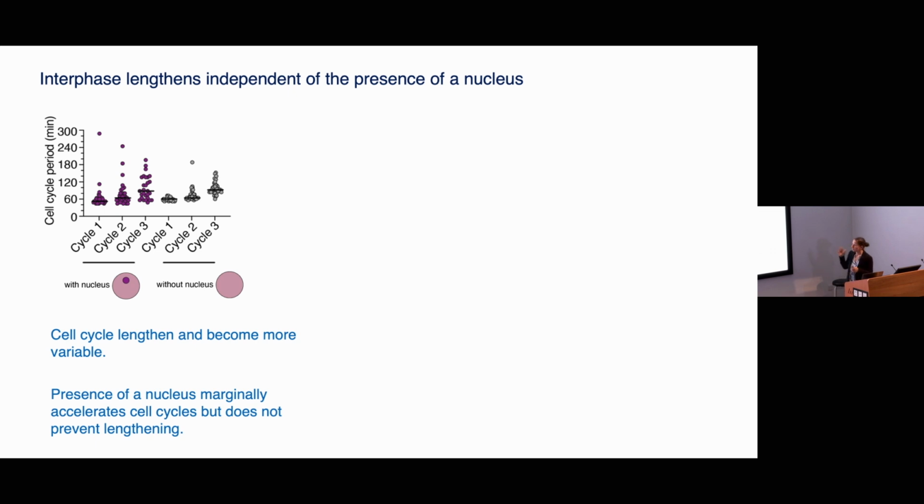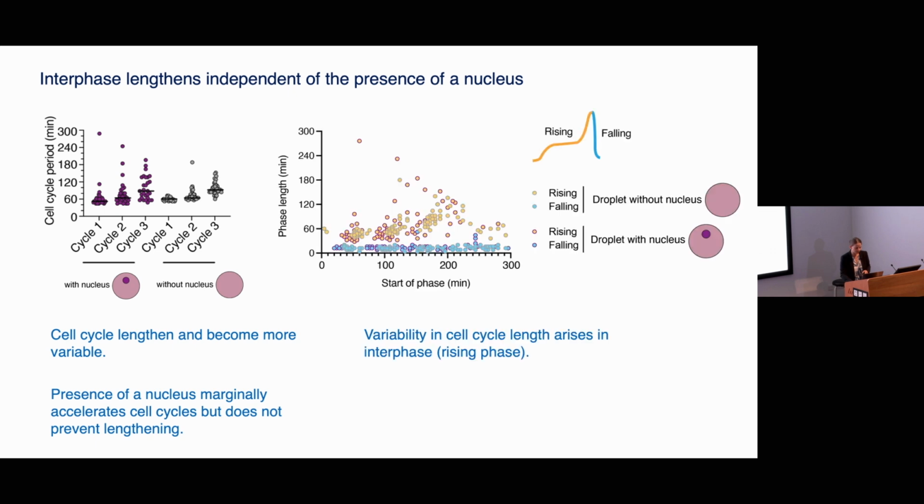We can also ask where this variability comes from. We can separate our oscillations into this rising phase, which is mainly interphase, and then the falling phase. If we plot over time the rising phase and the falling phase, we see that the falling phase is very invariant.